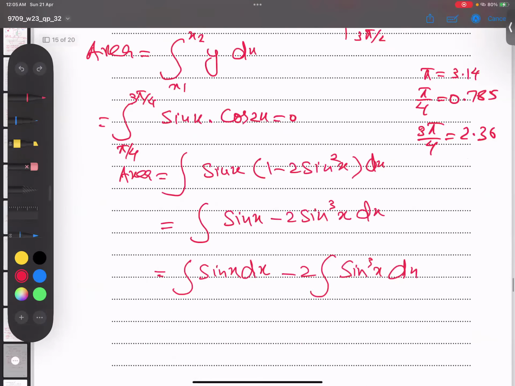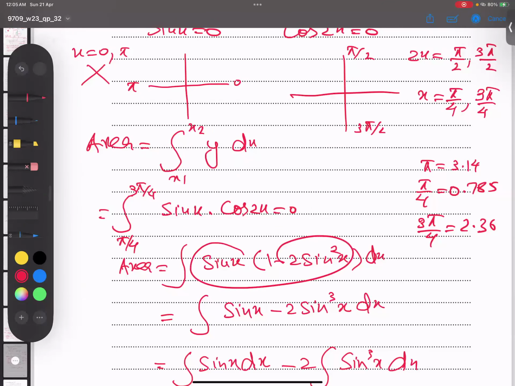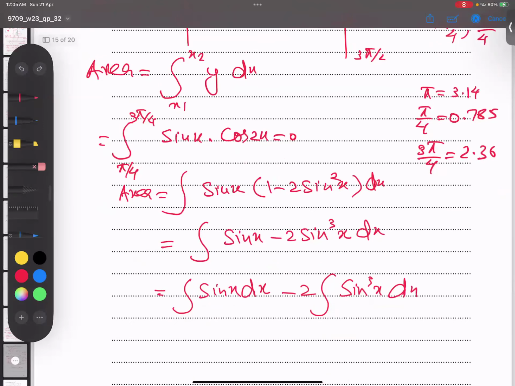What other way? Okay, student, rather than converting into sine, I convert into cos, which makes the question easy. This is also correct, not wrong. This way is easier. So 2 cos square x minus 1. How does this help us? Have a look.